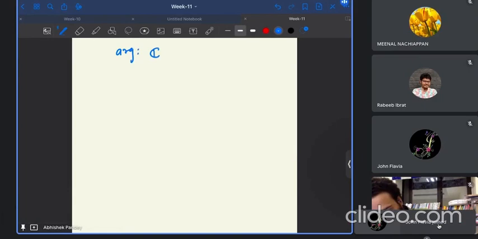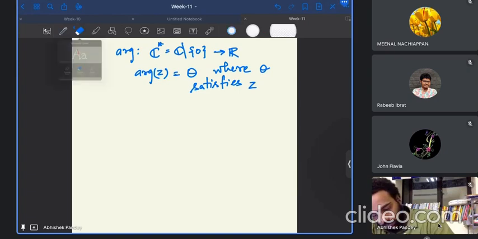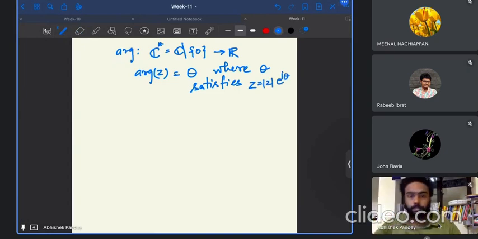It is on C star, which is C minus 0 to R. So argument of z is basically theta, where theta satisfies z equals r, which is nothing but mod z. So z equals mod z e to the power i theta.